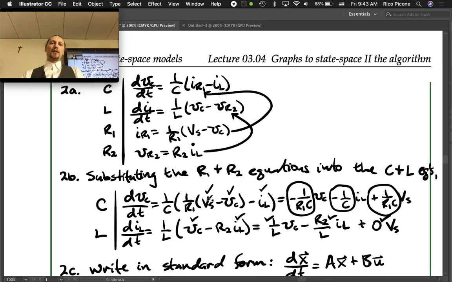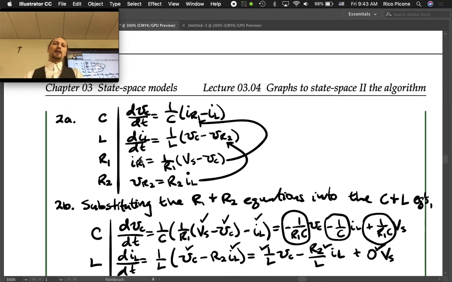But let's look through, because IR1, we solved for IR1 as part of this process. And usually, as you go through, you've done that for the output variables. So it's kind of nice to just scan through and see, did I solve for this along the way? And in this case, we absolutely did, right there. So IR1 is equal to 1 over R1 times Vs minus Vc, an input Vs and a state variable Vc.